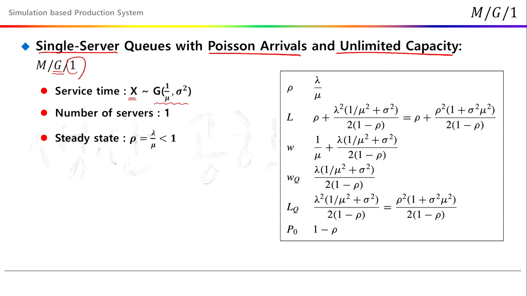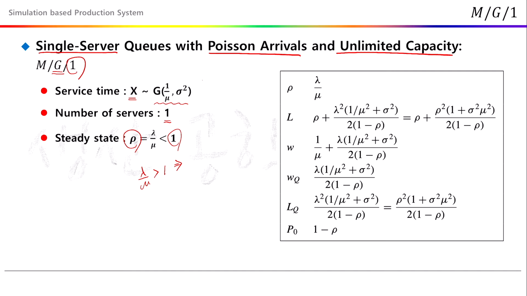The number of servers is 1, and in order to be in steady state, the utilization, lambda over mu, has to be smaller than 1. If this term is bigger than 1, then this model may explode to infinity.